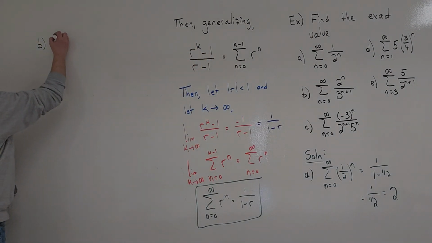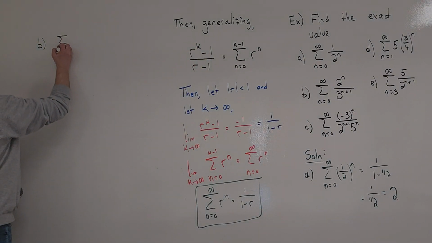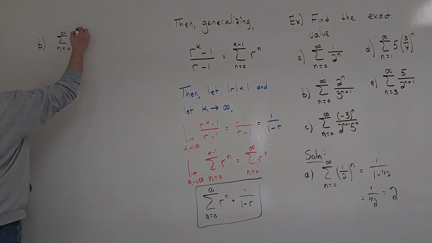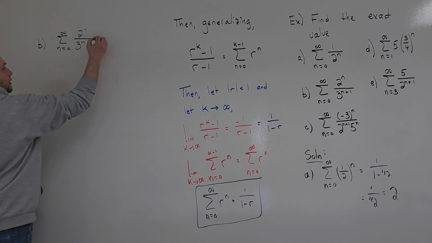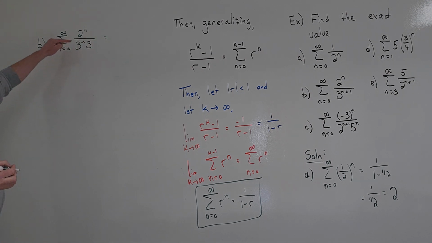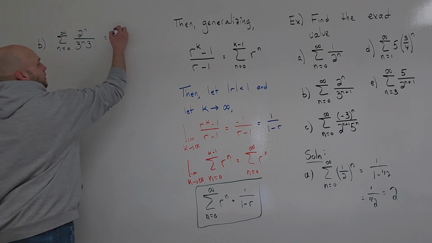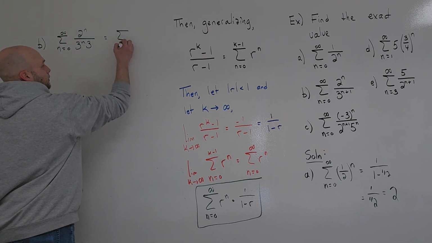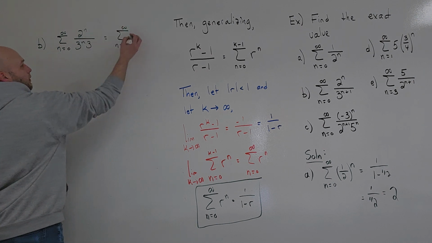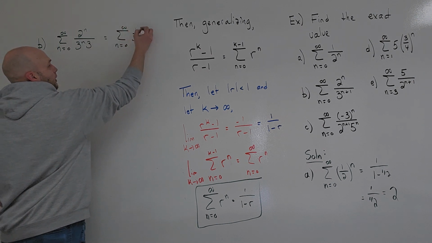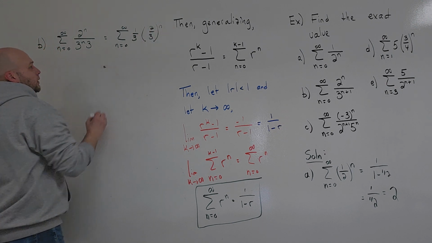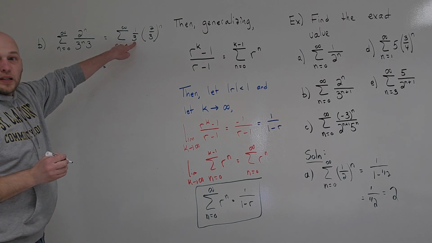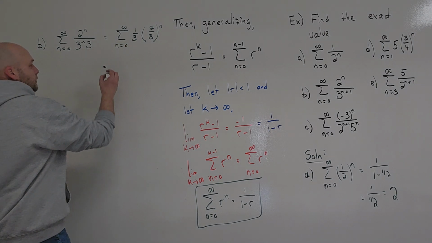This would give me 2 to the n over 3 to the n times 3. 2 and 3 here both have that common exponent, which means I can write this as, well, you pull this 1/3 out front here, and then I would have 2/3 to the n. A constant factor inside of a summation can be pulled out front.